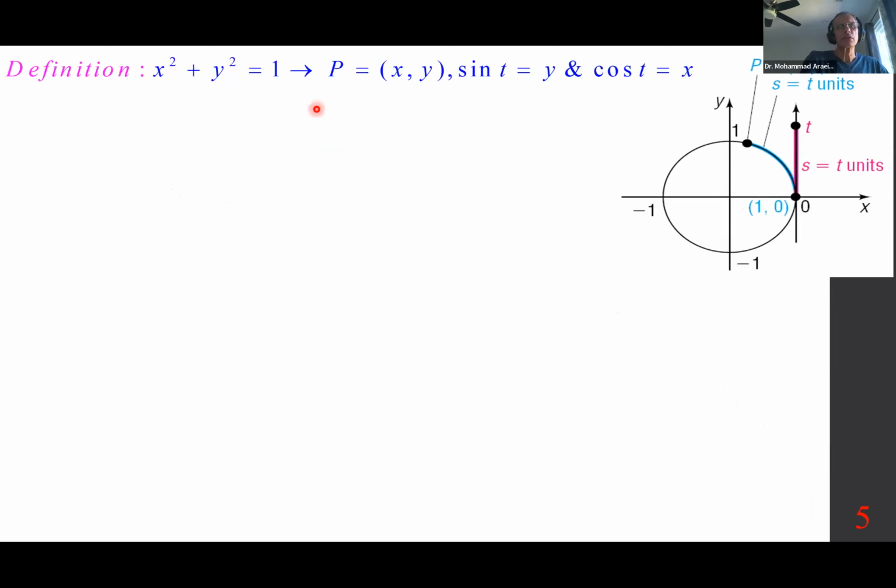So we have a unit circle, x squared plus y squared is 1. P is any point on that having coordinates x and y, and we define sine t to be y and cosine t to be x by definition.